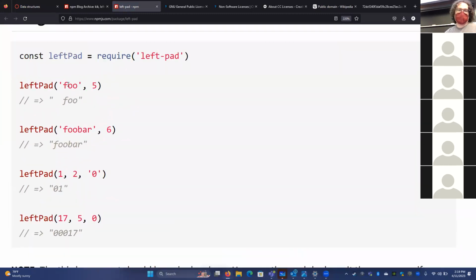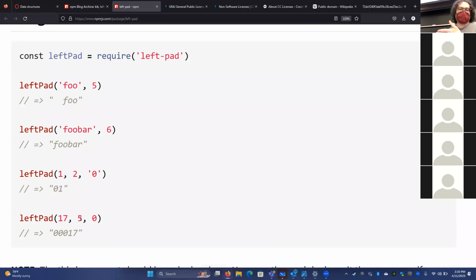Here we have foo, and it takes in the argument 5. So it wants to make this 5 characters long by padding it with either spaces or 0s. Over here, we took in foo and 5, and it adds 2 spaces in front of this. 6 doesn't do anything, it doesn't change it. It takes in 1, it should be 2 digits, and you want to pad it with 0s in front of it. Great, it makes it 2 characters long and adds 0s to the left of it.